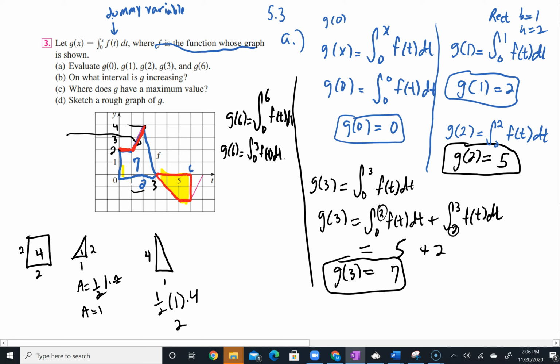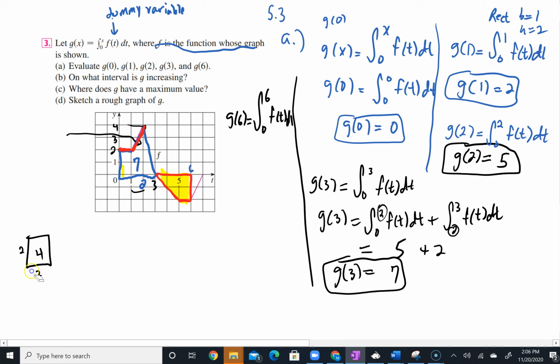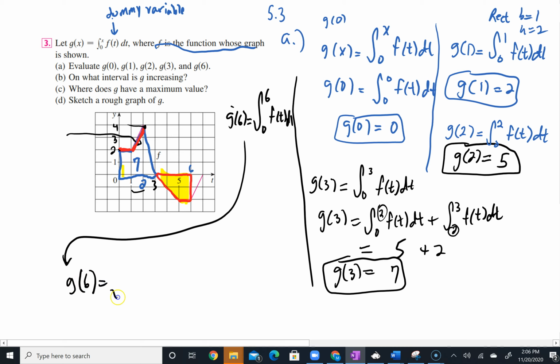But then we're going to also add to that, and I'm running out of some space here. Then we're going to go from 3 to 6, right? We're going to go from 3 to 6. So tell you what, I'm going to erase this part right here. Since we've already done that, just buy ourselves a little bit more space. But G of 6 is going to be the integral, like we just said, from 0 to 3, and then from 3 to 6.